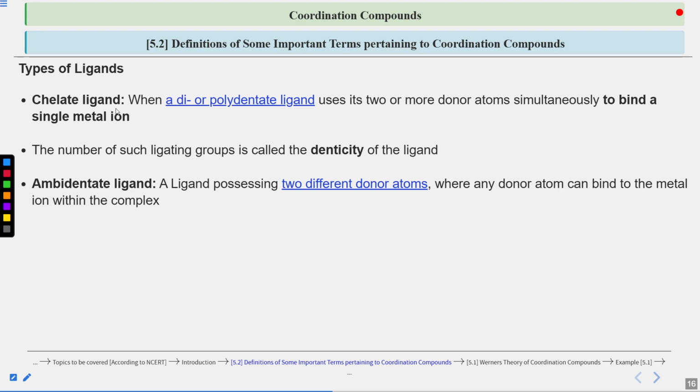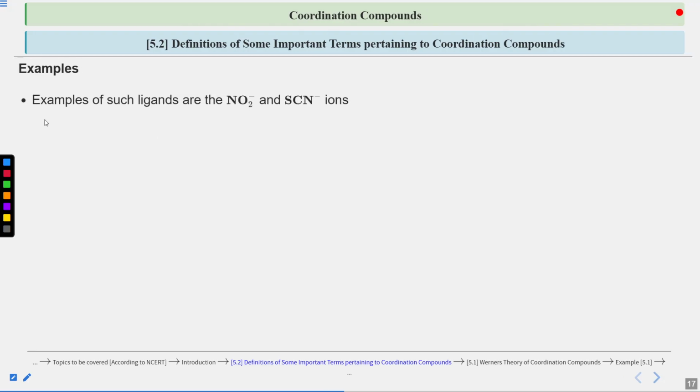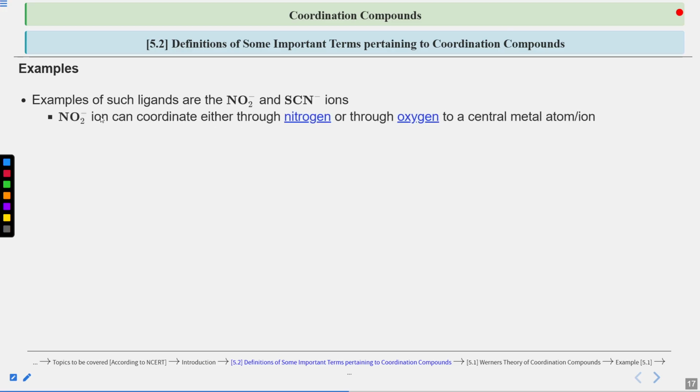Examples of ambidentate ligands are NO2 negative and SCN negative ions. How? The NO2 negative ion can coordinate either through the nitrogen or through the oxygen to the central atom or ion. NO2 means N is bonded with 2 oxygens, and through oxygen or through nitrogen, in either way it can bind with the central atom or ion.